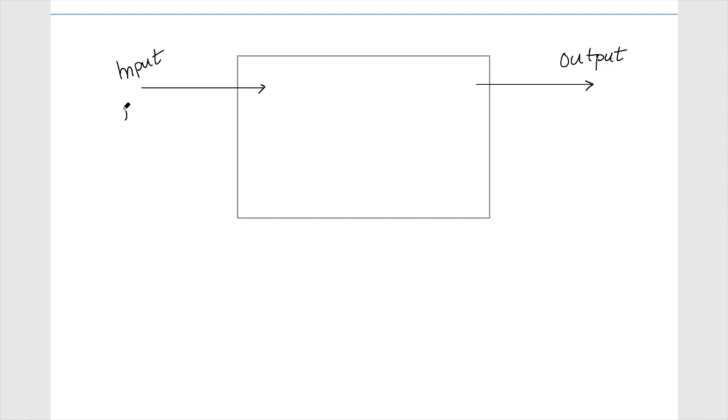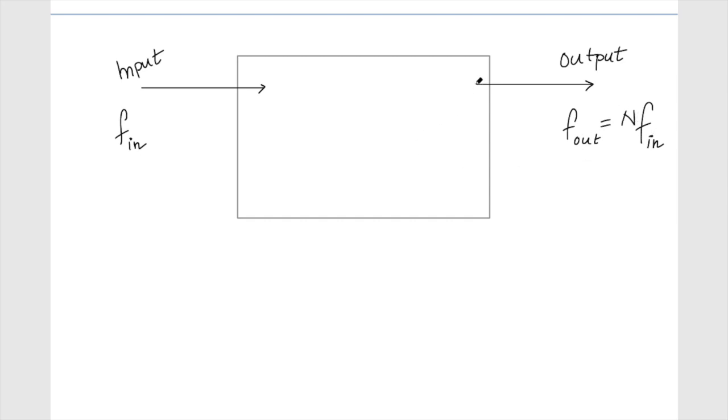So if the input frequency is f in, then I want the output f out to be n times f in. This is my goal, just like in the amplifier design where we want the gain to be some A times. Whatever output I get, I have to compare with f in after dividing it by n. So my f out divided by n will be equal to f in.